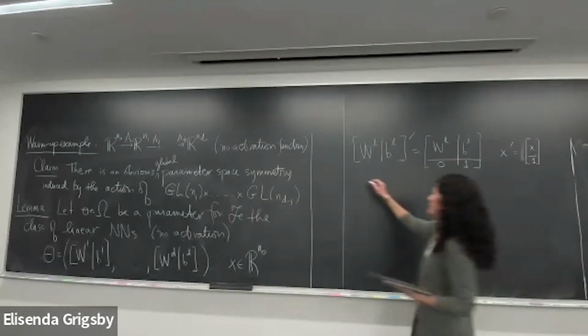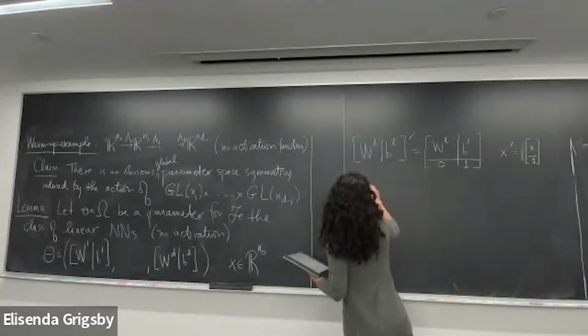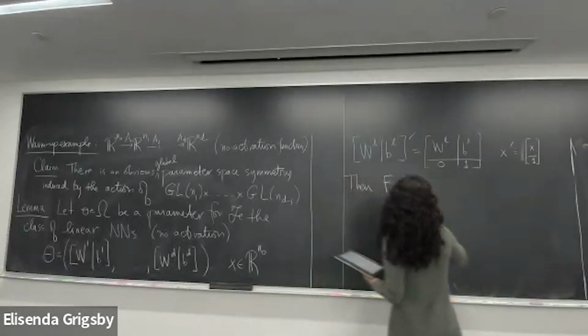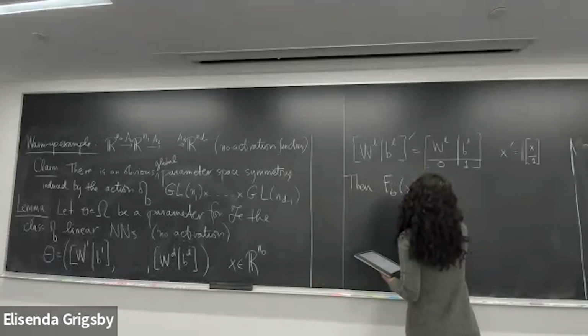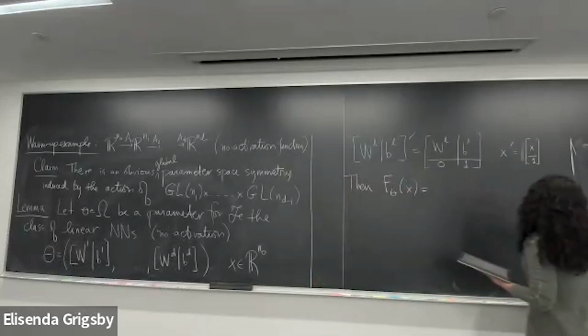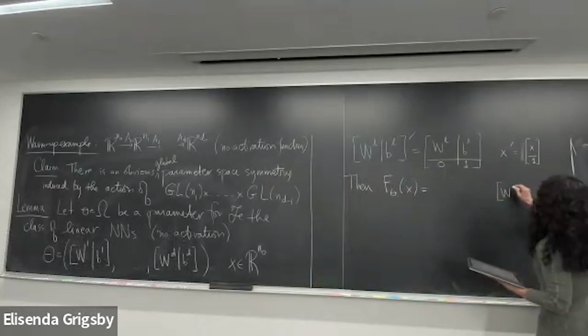Okay, the claim is that F theta of X, well, it's just X prime times these augmented weight bias matrices.